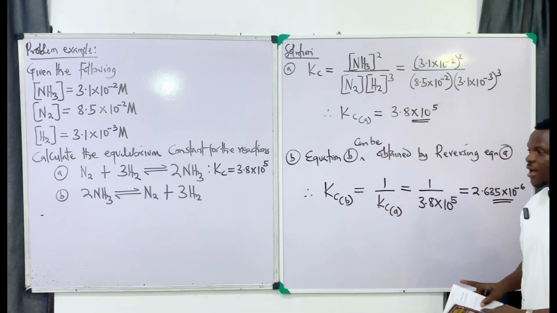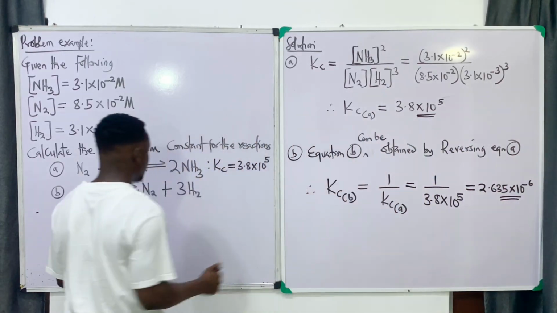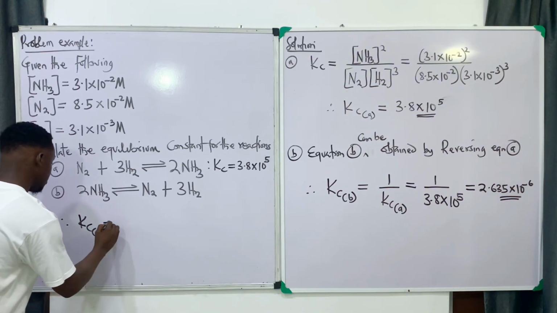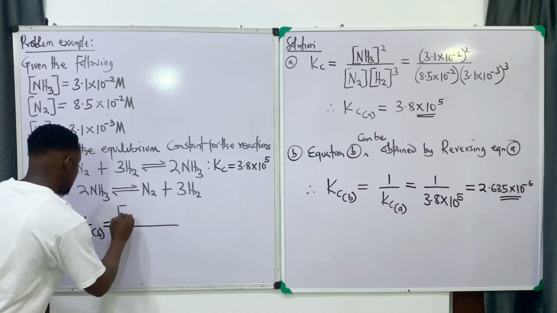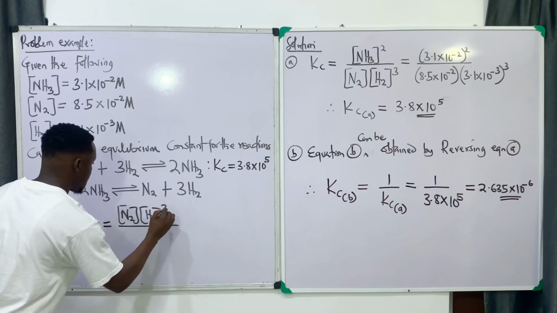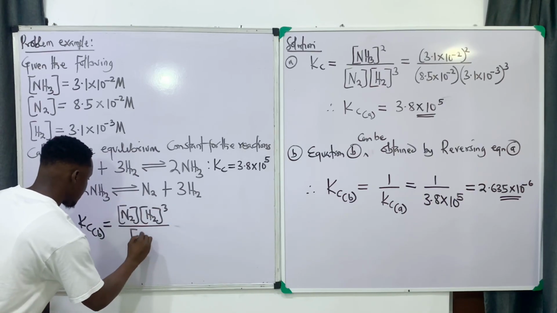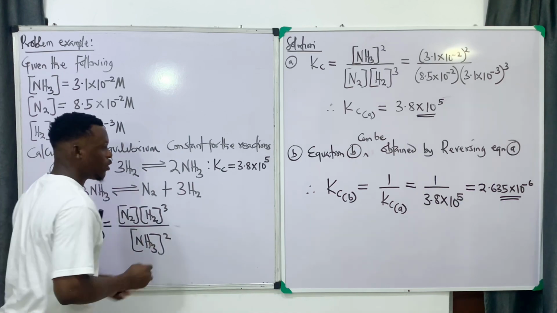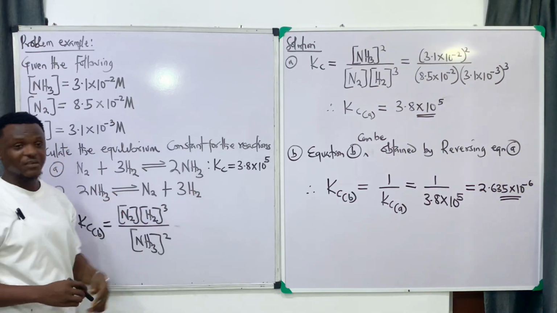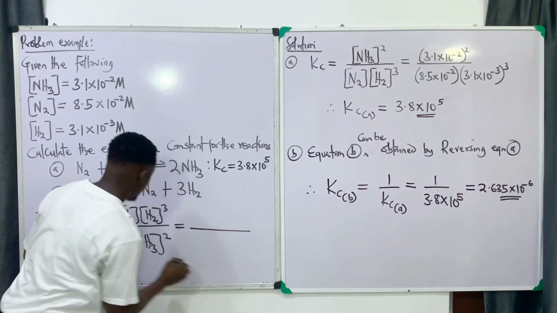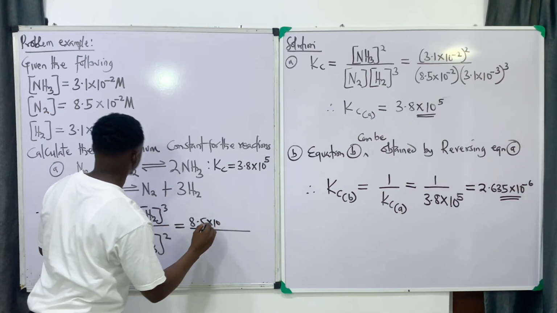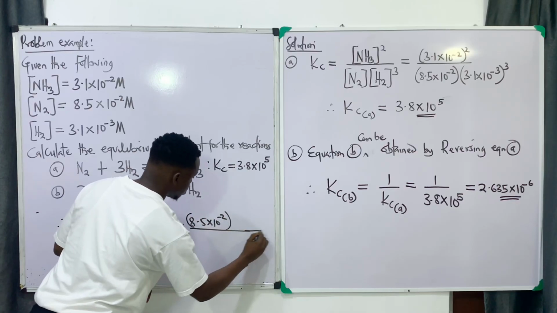Alternatively, if you're not comfortable with that pattern, you can write the equilibrium constant expression for this reaction directly, with N2 and H2 in the numerator, and we'll still get the same answer. What is the value of nitrogen? 8.5 times 10 raised to the power of minus 2.